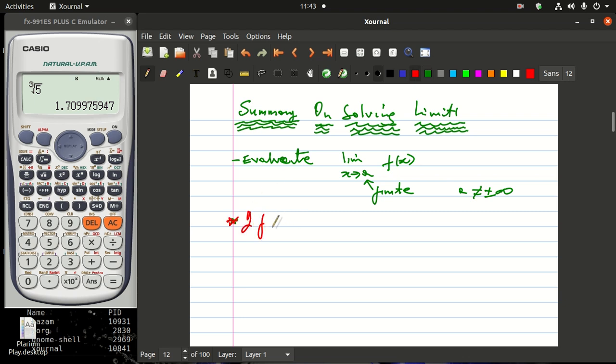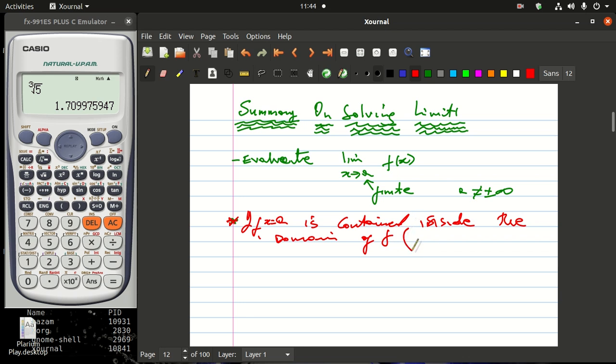If a is contained inside the domain of f, so x equal to a is part of the domain of f.